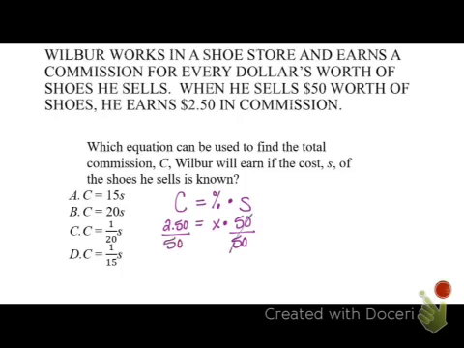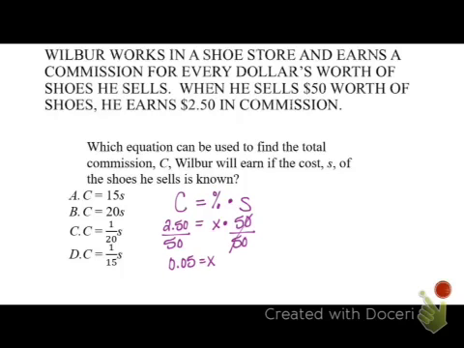That would leave us with x alone. $2.50 divided by $50 would leave us with 0.05. Meaning we are going to make 5% of sales.